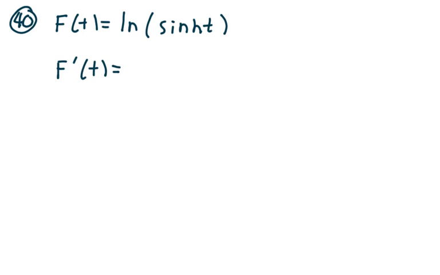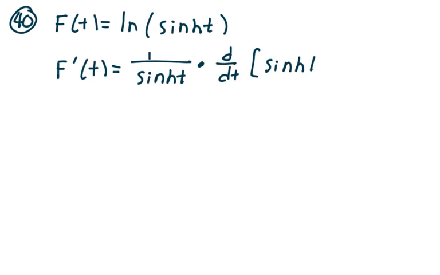My inside function is sinh t. And so here I get 1 over the inside function, but I have to multiply by the chain rule, by the derivative of sinh t with respect to t.